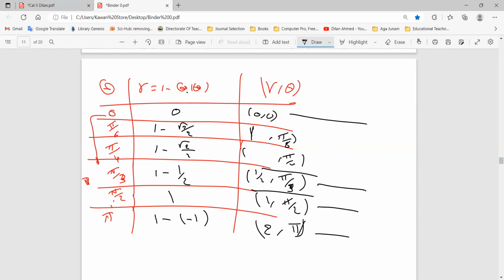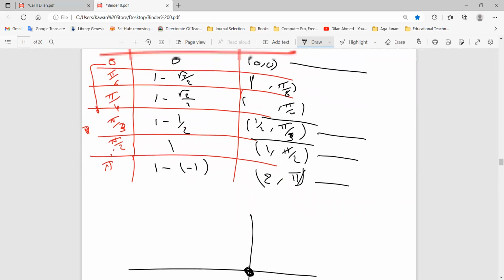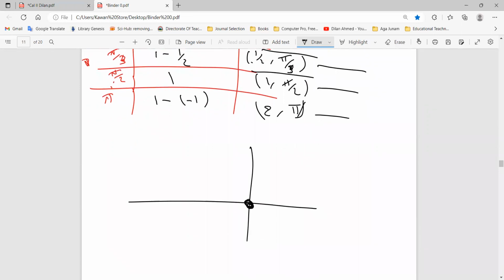To get the graph. So 0, 0. Second point, pi over 3 and 1 over 2. So this is pi over 6, pi over 4, pi over 3 and 1 over 2.